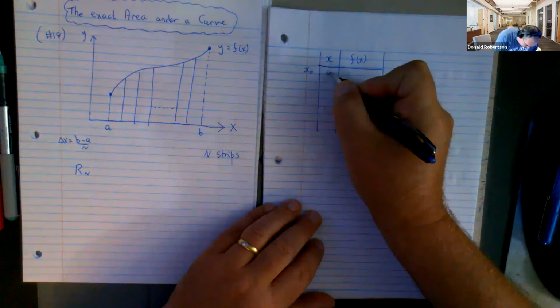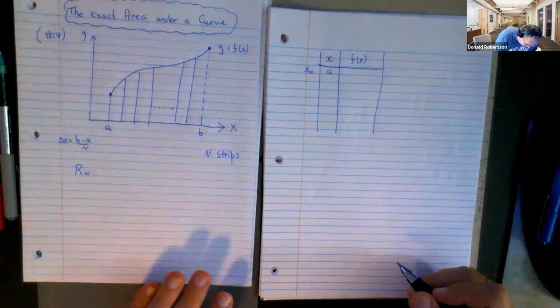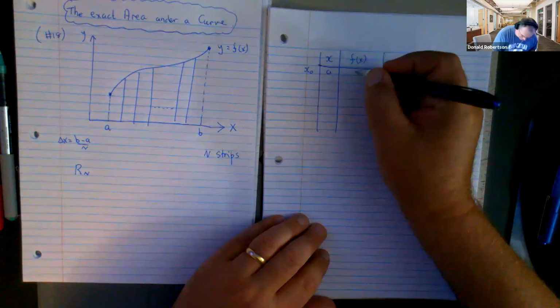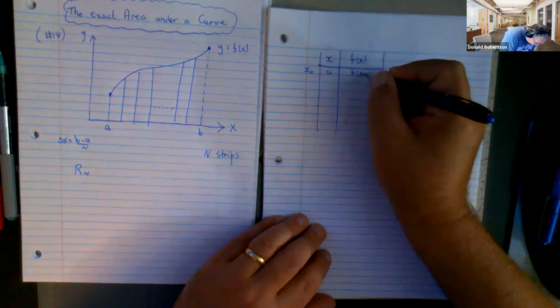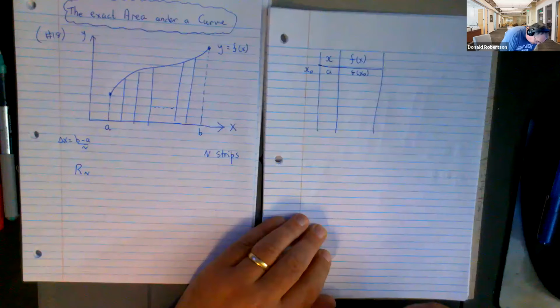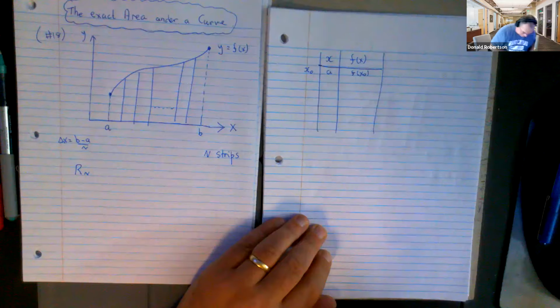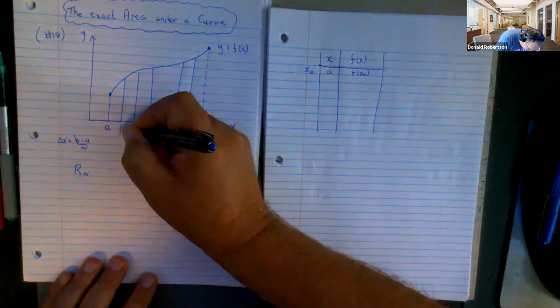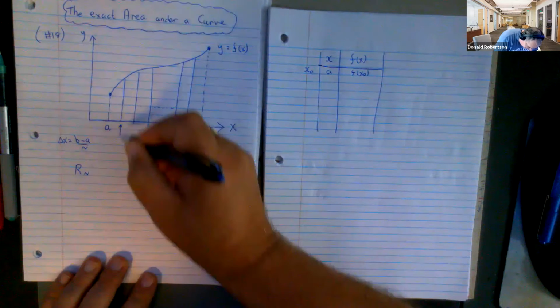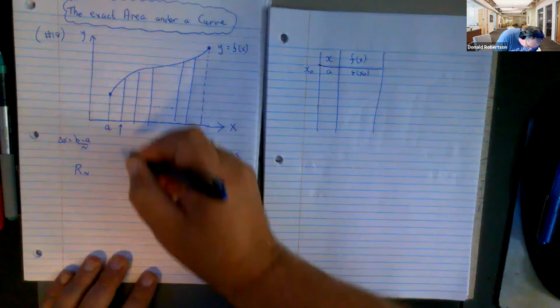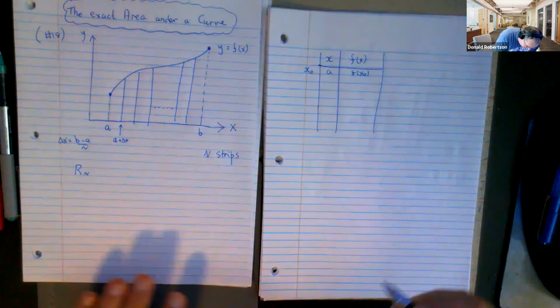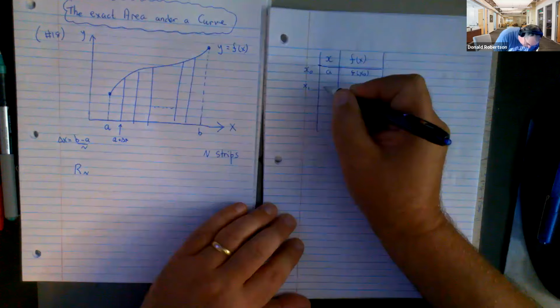So this guy here, I'm going to call him f of x naught. Now, this second fella is going to be A plus delta x. And that guy is going to be called x1. And this fellow is going to be called f of x1.